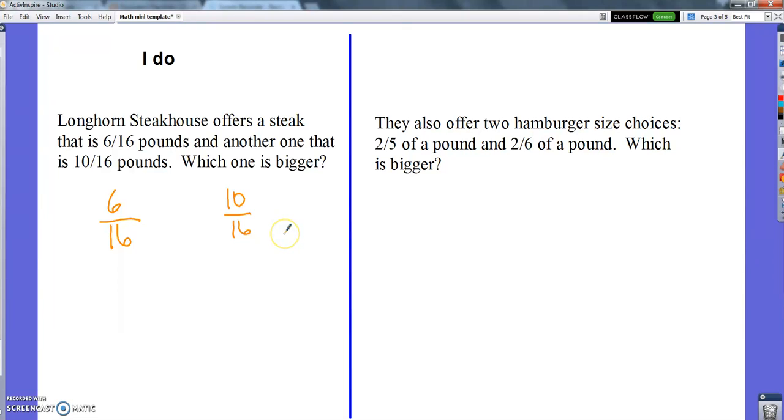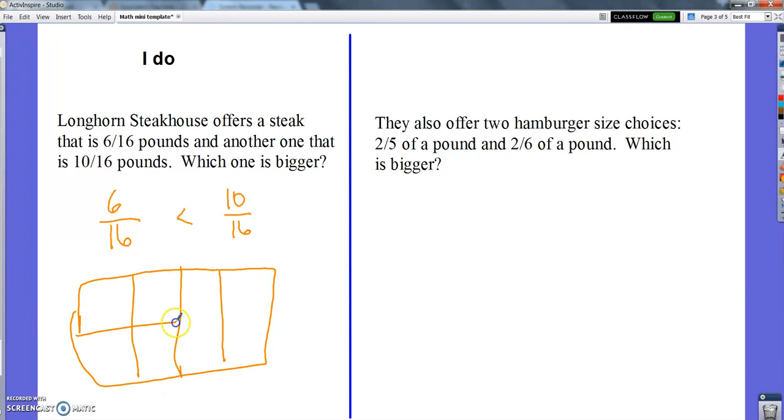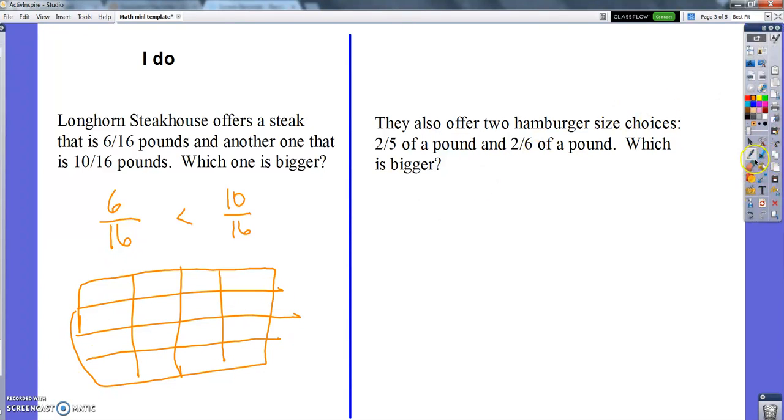It is okay for your strategy now to just be common sense and just say, well, I know 10/16 is more than 6/16, because since they have the same denominator, it is obvious that if I have something divided into 16 parts, obviously, and you wouldn't have to even draw it, obviously 6/16 is less than, I need what, 4 more for 10.